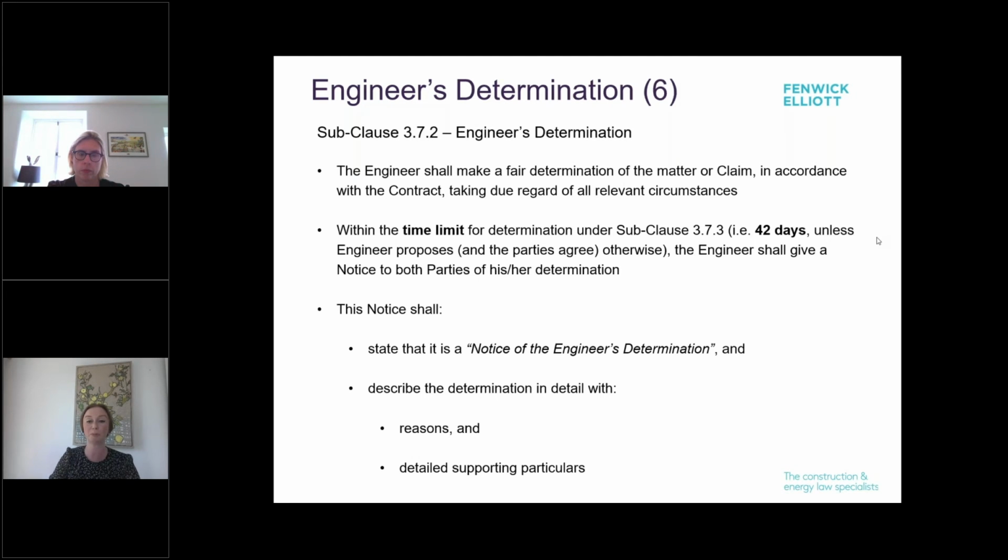But it can also be viewed positively in that, allowing that extra time, the aim is to allow the parties to reach a closer agreement and allow disputes to be resolved, hopefully to everybody's satisfaction. And the idea is that allowing a bit more time for that should increase the likelihood of the dispute being resolved and thus reduce the likelihood of having to have recourse to the dispute resolution procedures or provisions under clause 21.